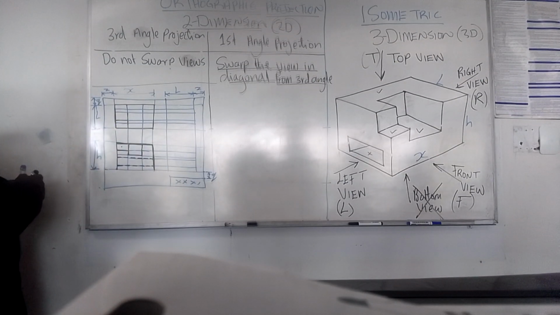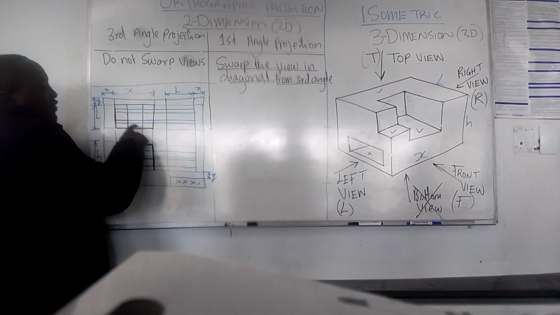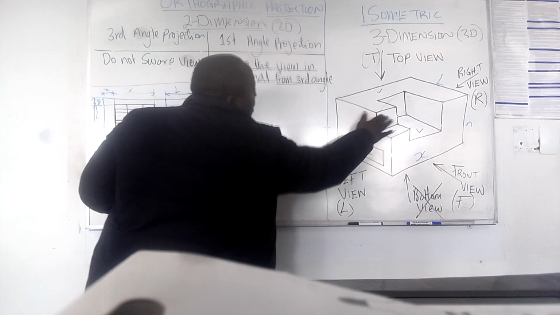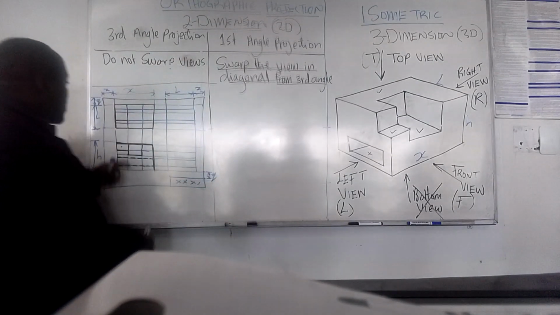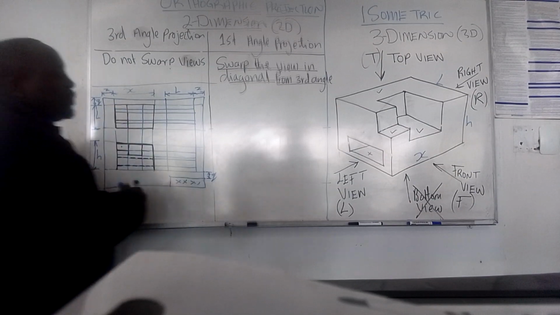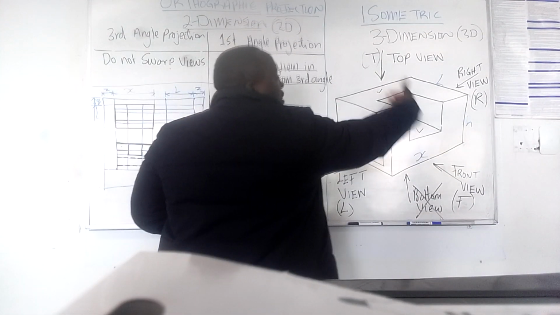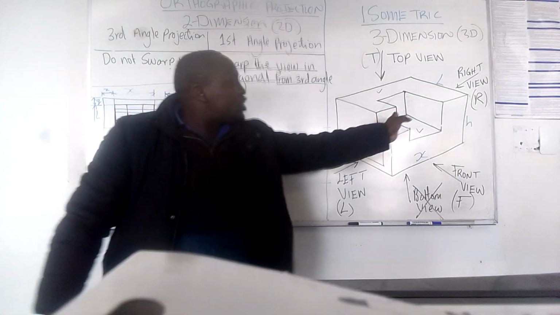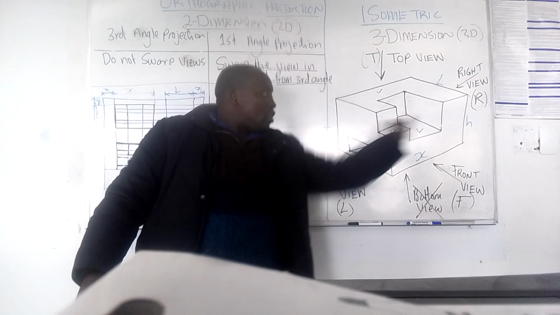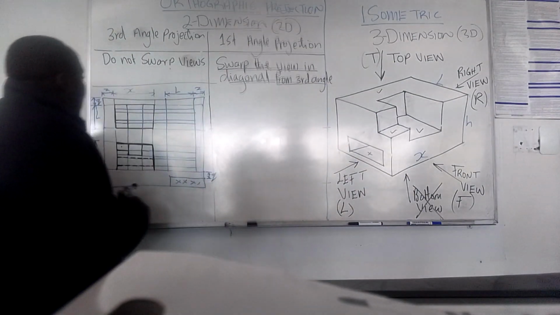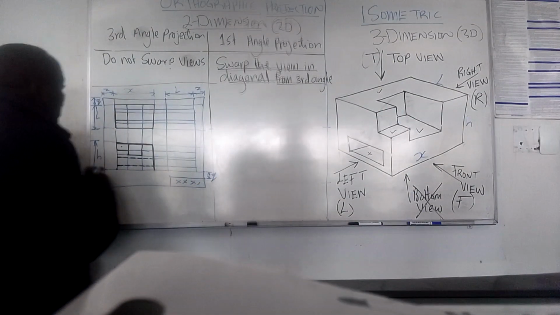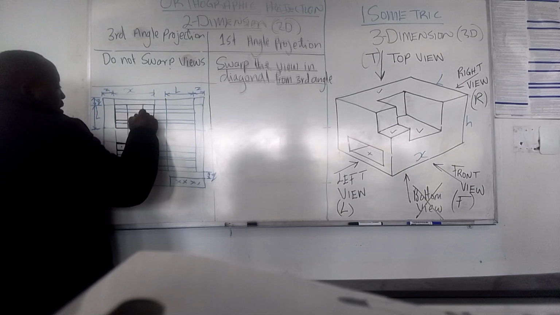Okay? So this line I've drawn is this line. It is representing this space. The whole edge is this single line. Then this line is representing this edge. You see this edge. This one. Like this, but on the opposite. Then this one will be represented by this side.